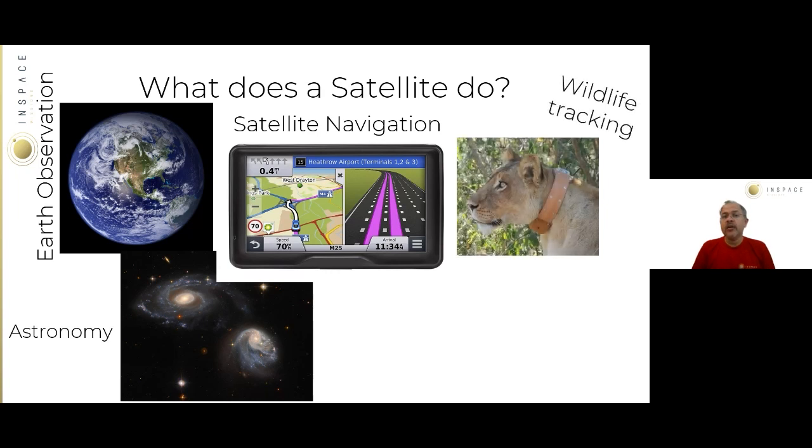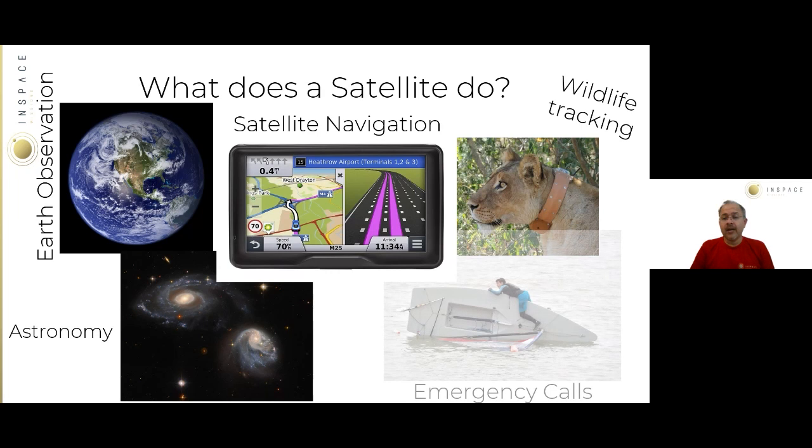If you want to find where herds of wild animals are going, and especially endangered species, you can use satellite-enabled collars for animals to track these herds going across jungles and across deserts. But even more usefully, satellites can be used to make emergency calls. If you're stranded in the middle of nowhere, then you can use a satellite phone to call for help.